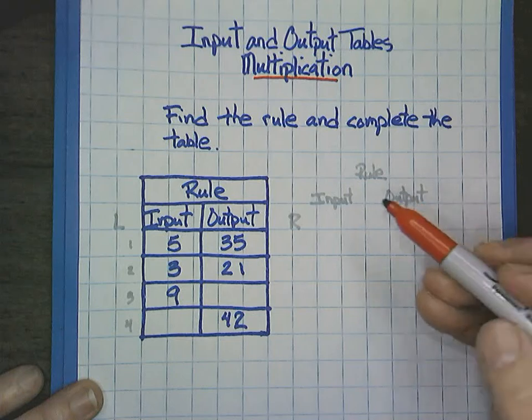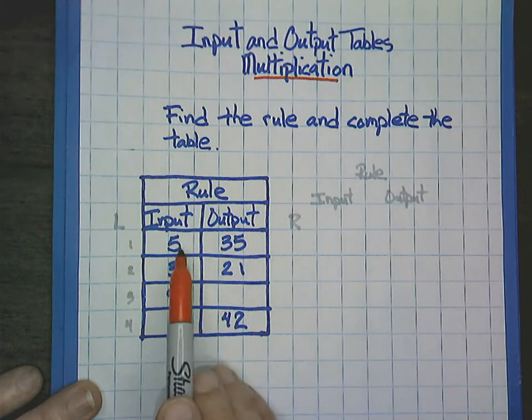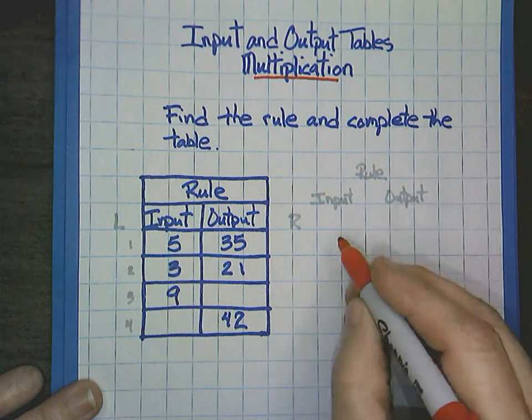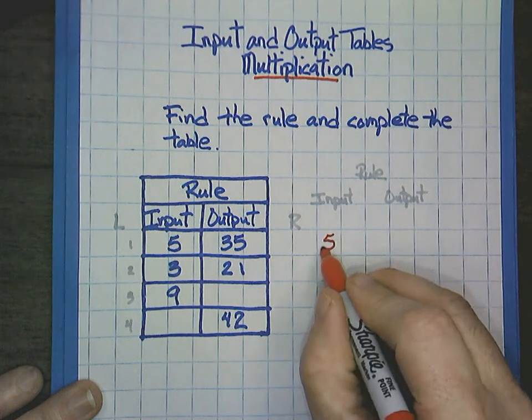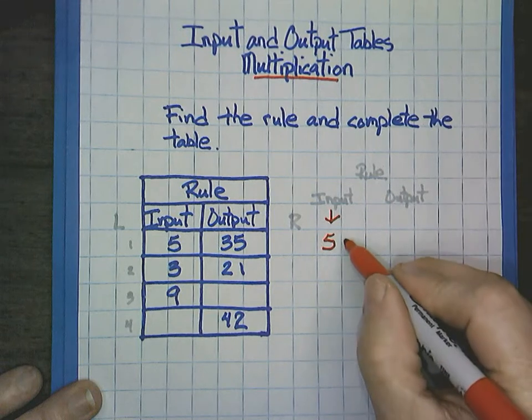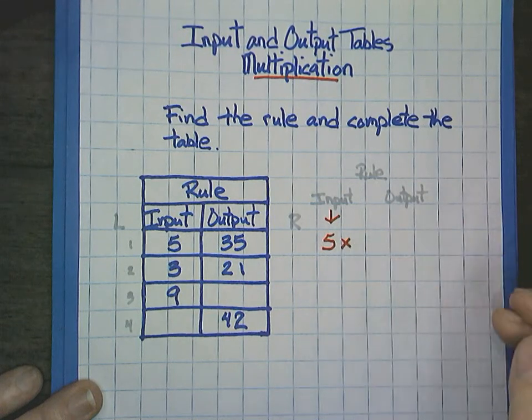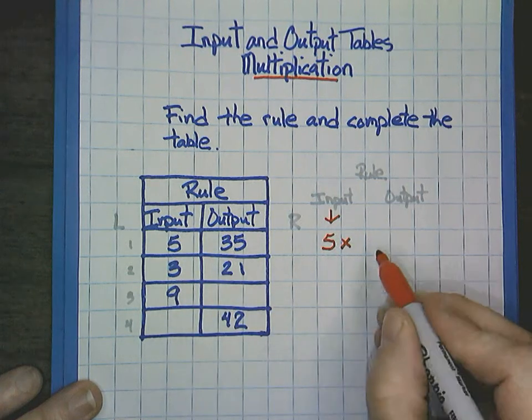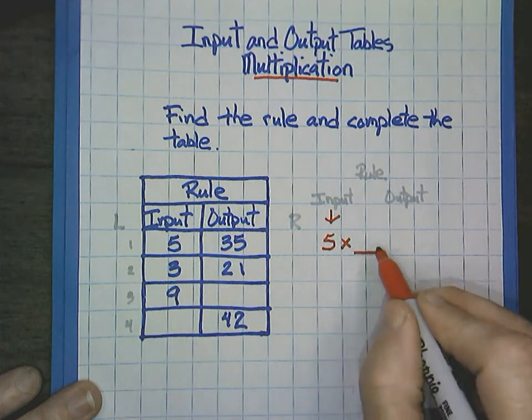So how it works is that I would want to write an equation using my input and output. So for example, I'm going to start with my 5, and that is my input number. I said that I'm going to try multiplication. I said it's going to be 7, but when we start, usually we don't know that number.